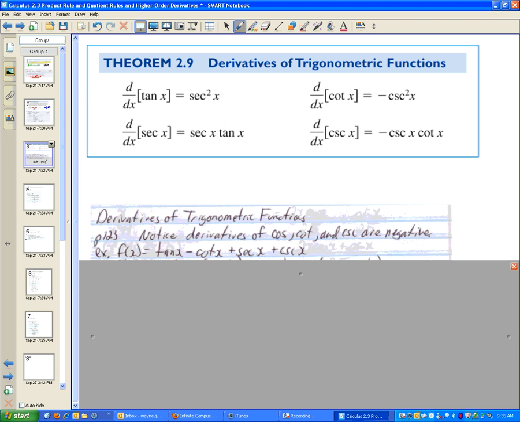Notice that the derivatives of the cos are negative. The derivative of cosine was negative sine of x. The derivative of cotangent is negative cosecant squared of x. The derivative of cosecant is negative cosecant of x, cotangent of x. So it's the cos whose derivatives are negative. The other ones, not.